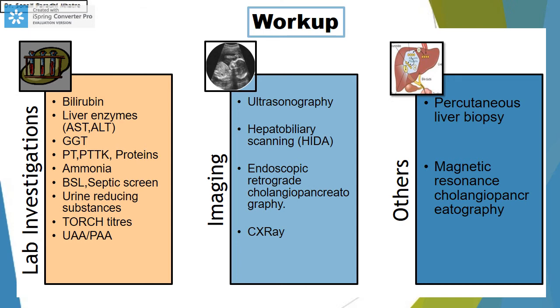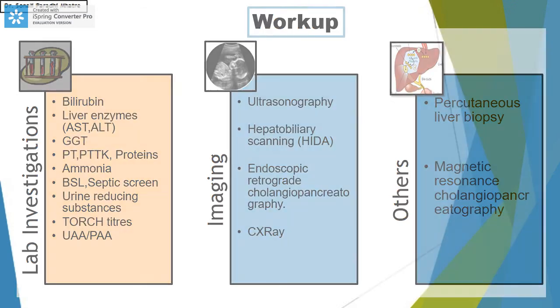If a baby with direct jaundice comes to you and you tell the parents that we have to send the lab investigations of bilirubin, liver enzymes, GGT, PT-PTTK, proteins, ammonia, septic screening, urine reducing substance, TORCH titers, UA, PA, along with it the various imaging modalities and maybe even liver biopsy, then they are going to be really scared. It is very important to have a very proper approach towards a child with direct jaundice. So, how do we approach this child?